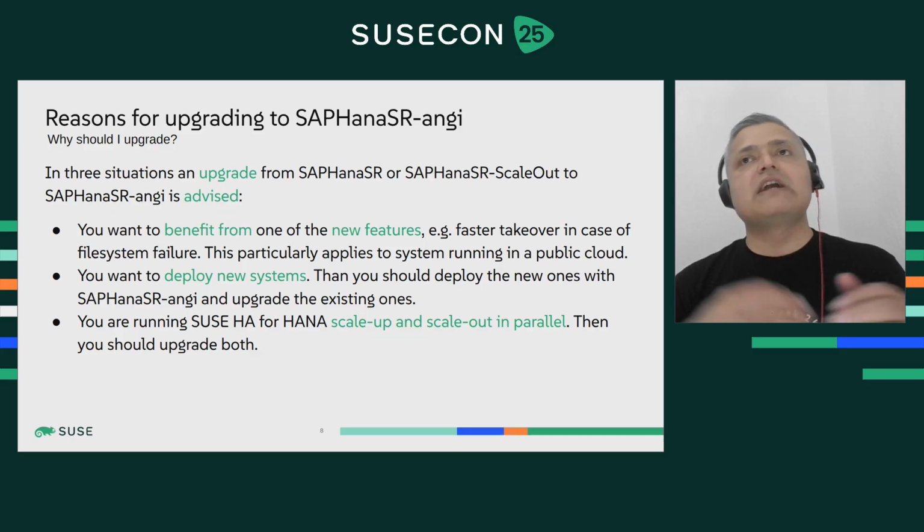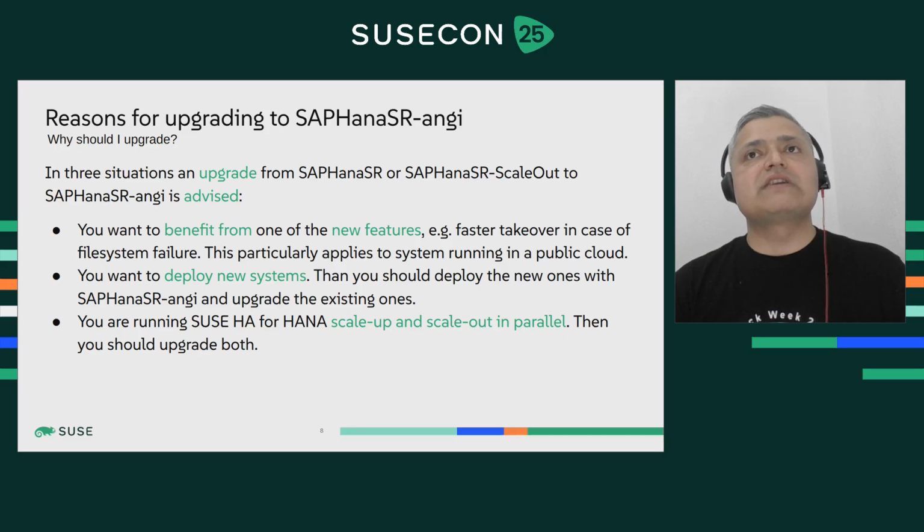And when we do an upgrade, it is easy to streamline, because it's a single package for both these scale up and scale out setups. So it is easier to streamline and plan our maintenance on these systems.